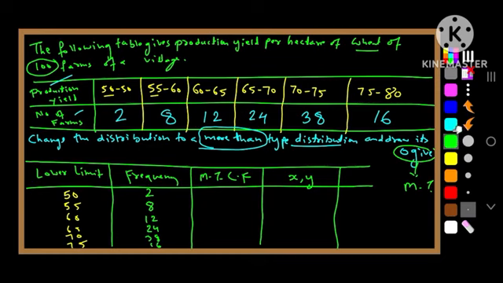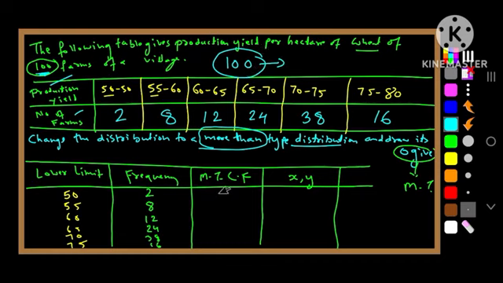As you know that this is a more than type of frequency, first of all you have to see the question, how many farms are there, what is the number here. In the question you have 100, so 100 farms are there. Simply go to the question, find out the number and write it here, 100. For getting the next value, simply subtract 2 from 100. So 100 minus 2 is 98.